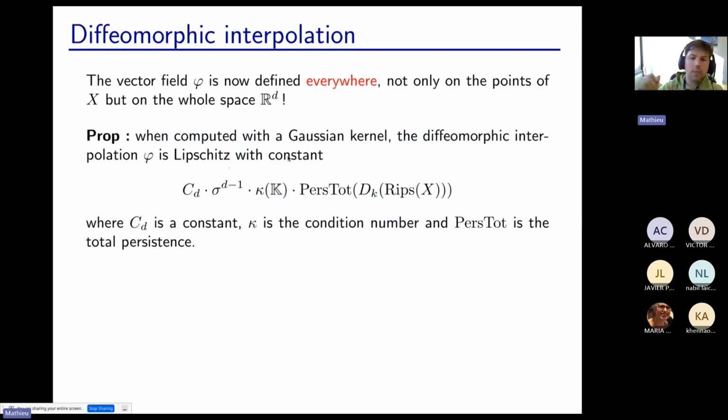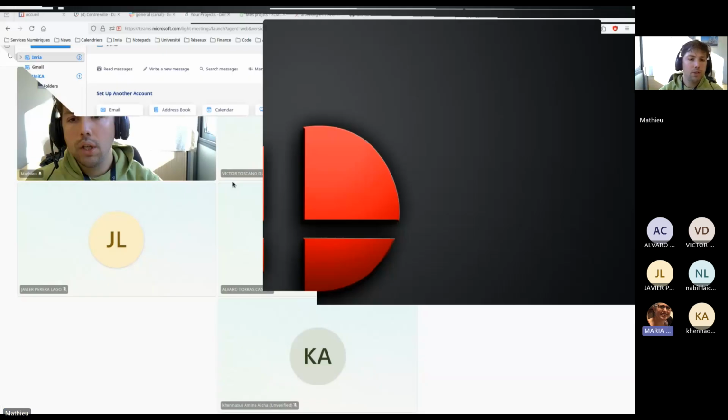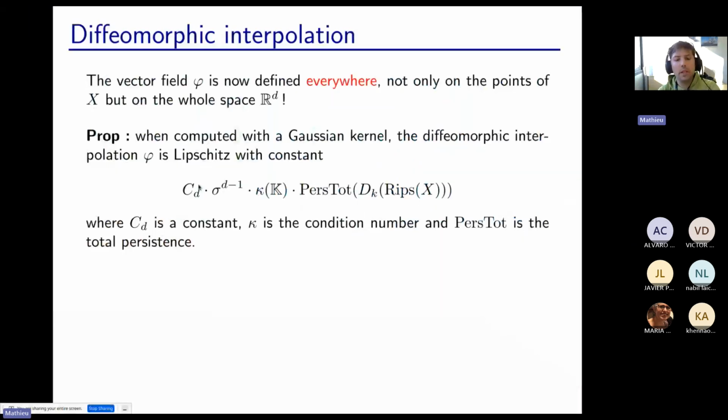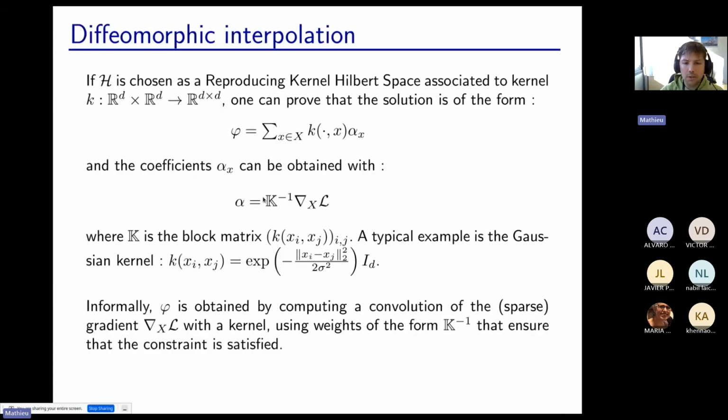If you look at two neighboring points in your input point cloud, you know that the difference in the vectors that you apply on them will basically depend on the condition number of the kernel. This term is there because inverting large matrices can sometimes introduce numerical errors.